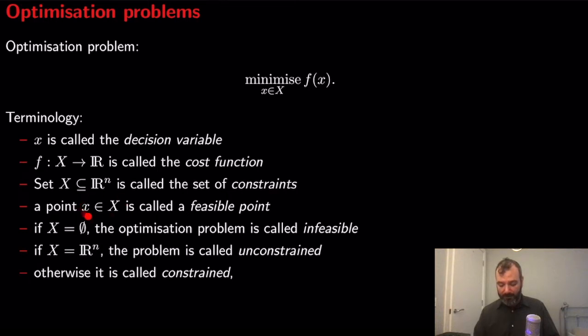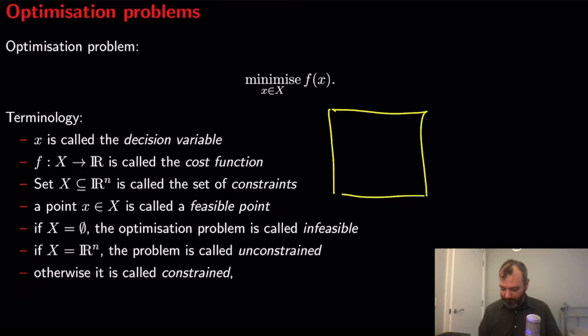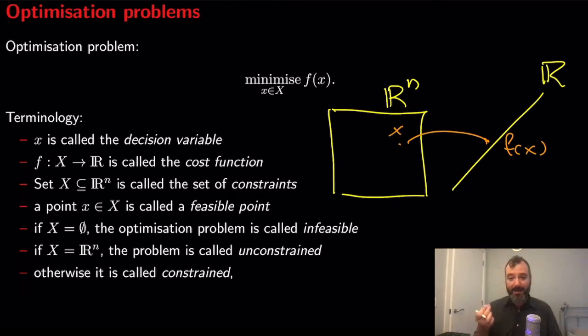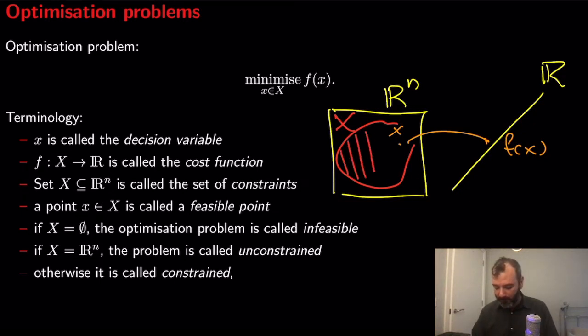A point inside this set big X, so let me do a little sketch for you again. This is the set of all vectors, and this is the real line. My function f maps vectors x to numbers, f of x. It assigns a cost value to different vectors. And I can have here a set big X of constraints. So this is telling me actually you must be inside here. This is a requirement.